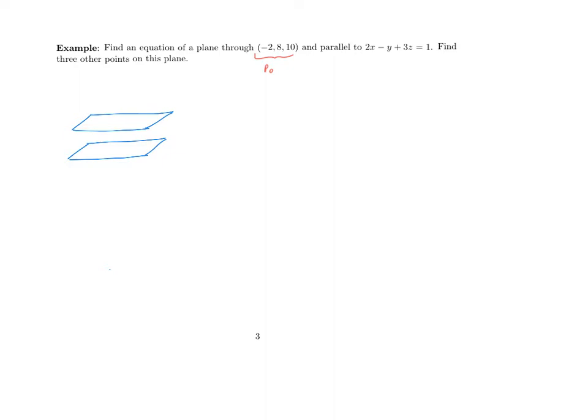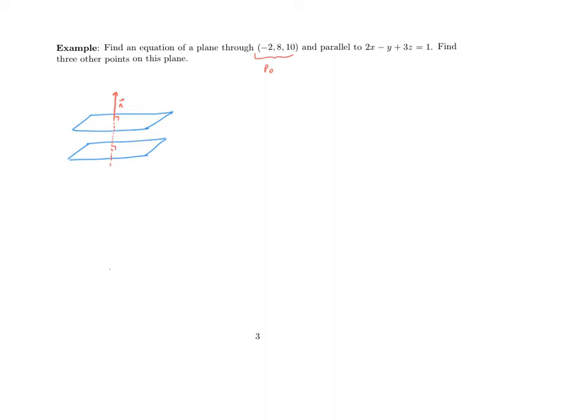What I want to note is that if we know a vector normal to one of the planes, that same direction, if we were to extend this, is also going to be normal to the second plane. That is to say, if we know a normal vector for one plane, we could use that same normal vector for the second plane. The normal vector simply represents a direction perpendicular to the plane.